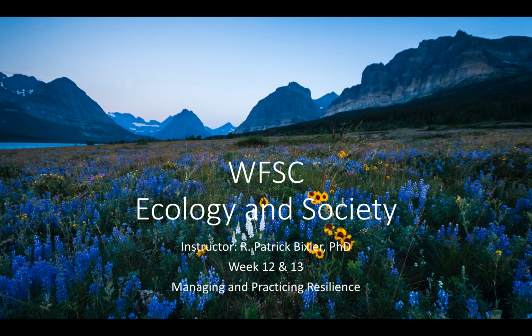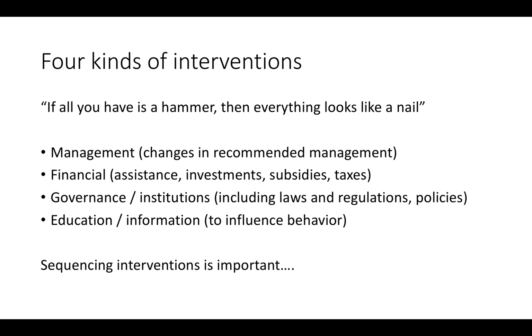Chapters 4 and 5 from the resilience practice book. The chapters talk about 4 kinds of interventions that are used in resilience practice. It's important to think about these different kinds of interventions because if all you have is a hammer, then everything looks like a nail.